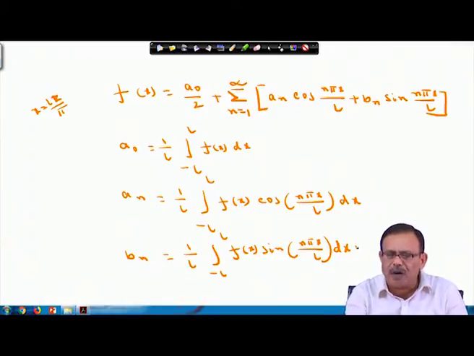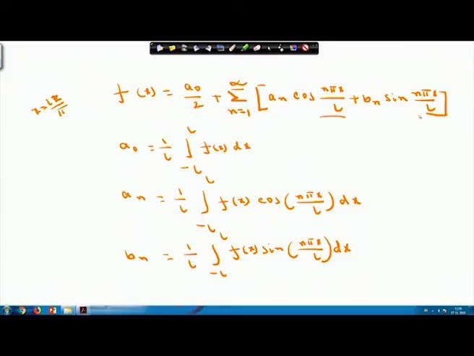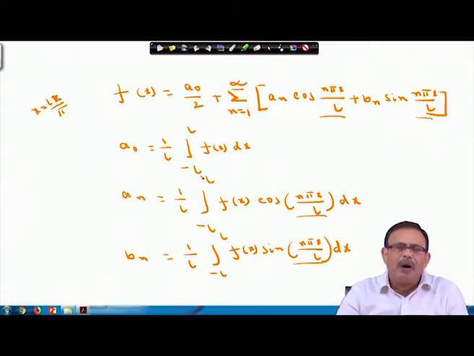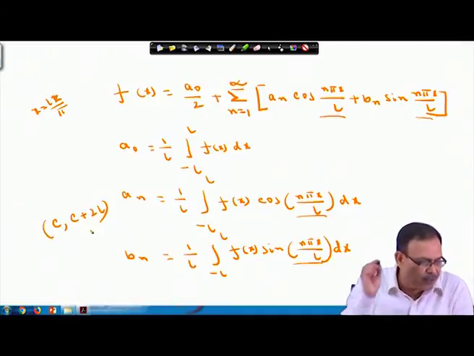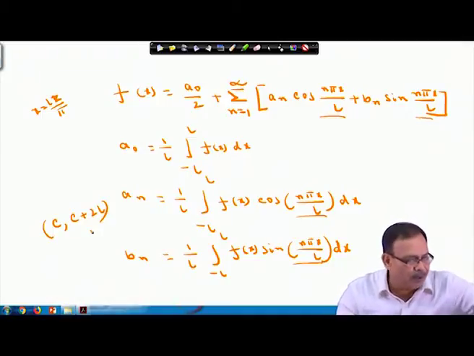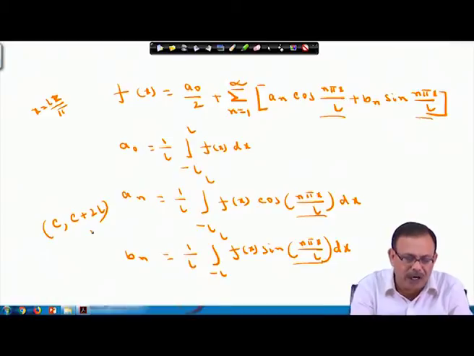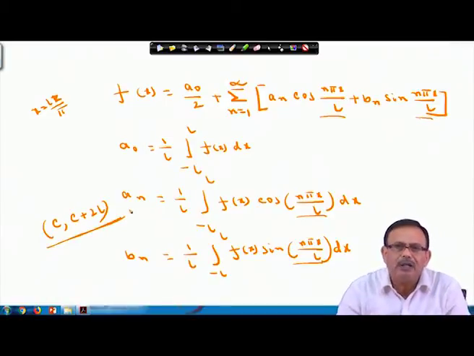So, the only change is coming here, here and here, limits are being changed from minus L to L, and this will be true for some value from C to C plus 2L. I can write down this formula is true whenever I take any function f x which is defined in C to C plus 2L.